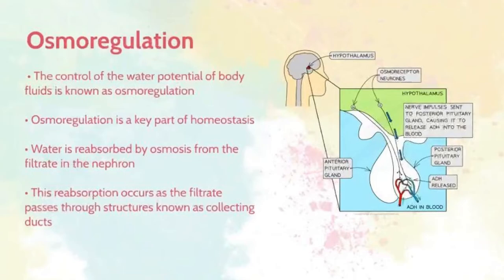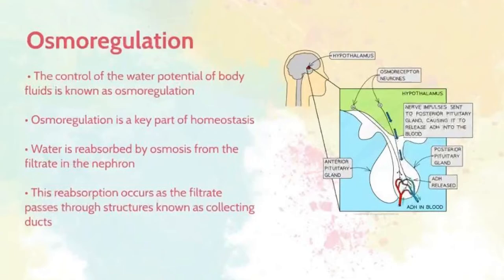We have specialized sensory neurons known as osmoreceptors. So osmo meaning water and receptor meaning to receive or to sense. And these monitor the water potential of the blood. These osmoreceptors are found in an area of the brain known as the hypothalamus.